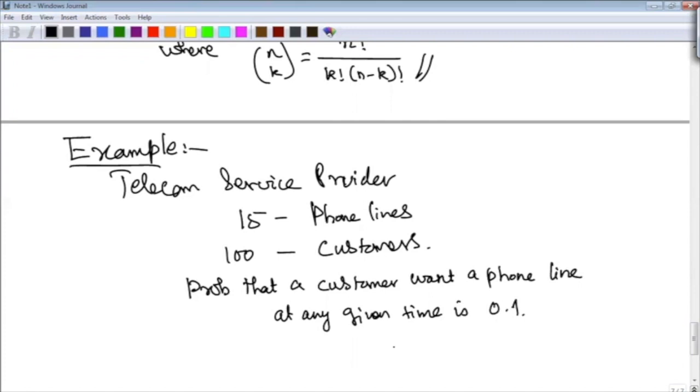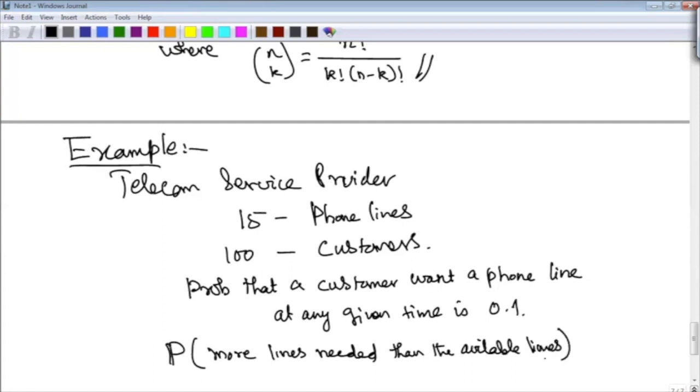That's an assumption. And now the question is, what is the probability that there are more customers needing the phone connection than the capacity? Probability of more lines needed than the available lines.